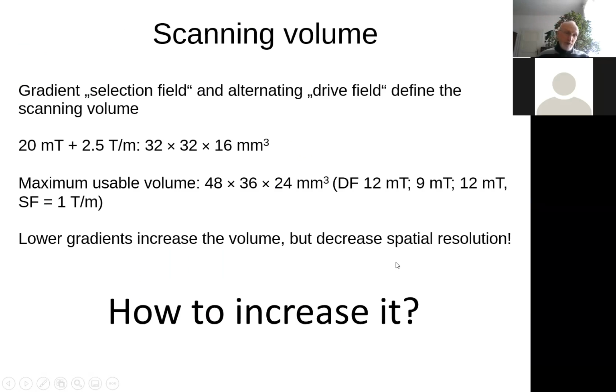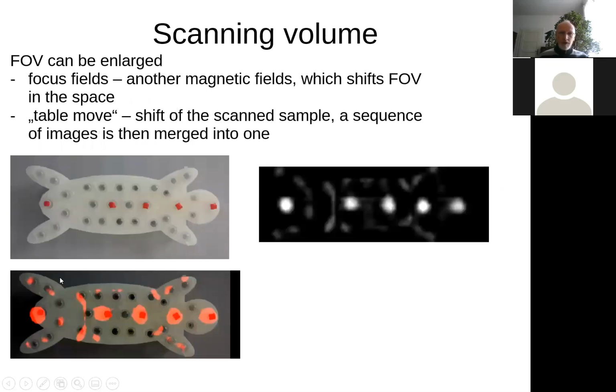Scanning volume is pretty small, as I mentioned before. So how can we increase it? We can make use of the fast scanning. So if we need to scan bigger volume, we can enlarge the field of view by 2 approaches.